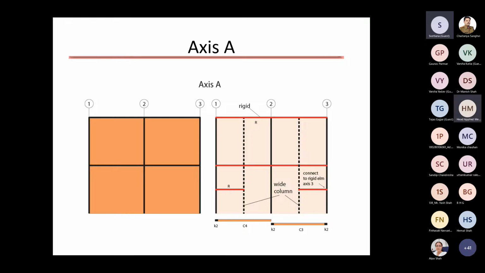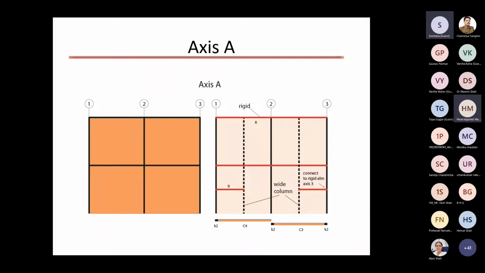As I said, the first slide is that modeling is a combination of art and science. So some other engineer could model it as one. In this model, Professor Juan Jose decided to have these rigid links at the top level, at the other floor level, and then he added a rigid link to connect to the elm of axis 3.